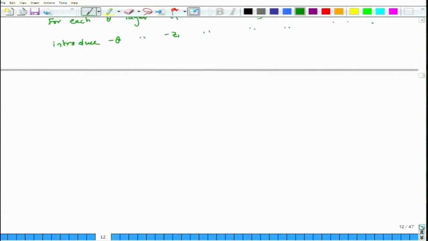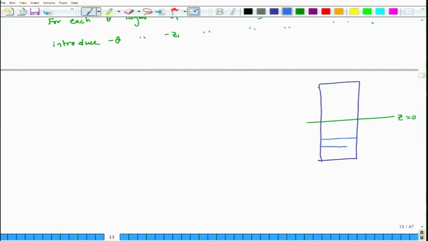So, let us make a picture of it. Let us say this is the laminate, this is the mid plane. So, this is Z equal to 0. There could be one layer and this is oriented at theta degrees, and this distance is Z1.